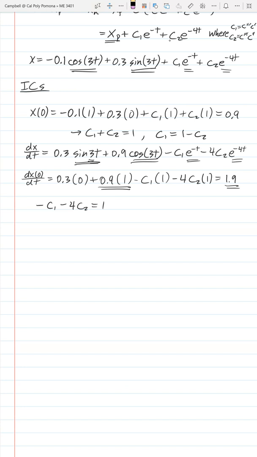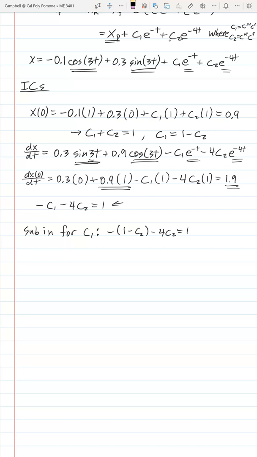So now let's just go ahead and substitute in for C1, and we're substituting it into this equation for C1. When we do that, we just simply get a negative 1 minus C1, sorry, C2, because I'm substituting in for C1, minus 4 times C2, and that's going to be equal to 1.